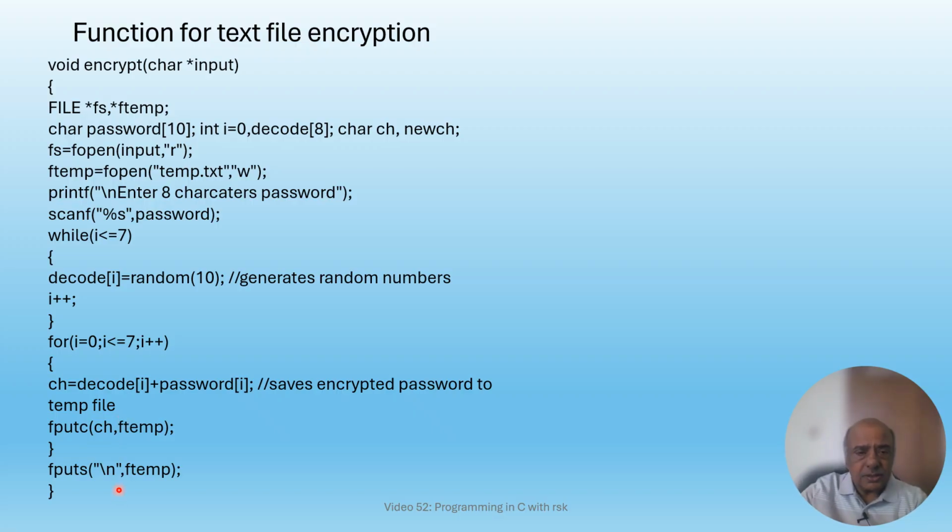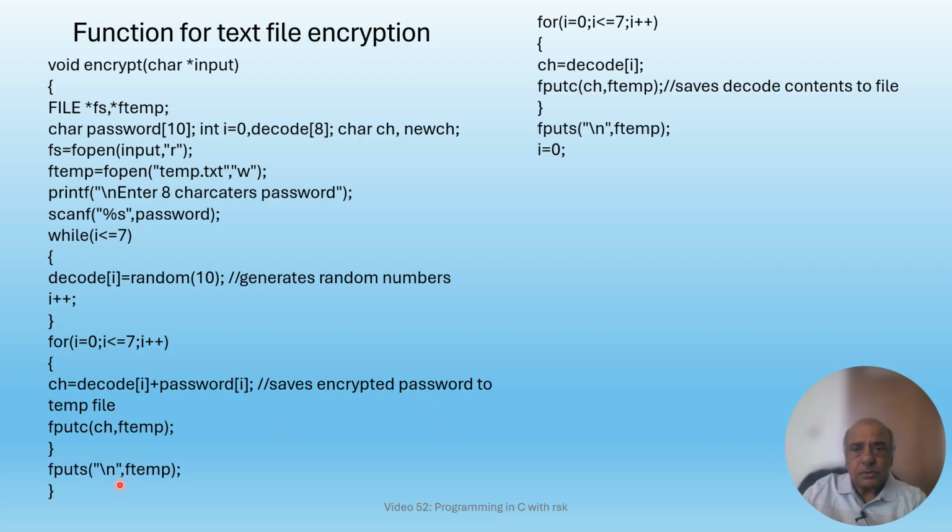Then there is a next line input, fputs new line. Since we have encrypted the password using the characters in the decode array, we will need that decode array when we go for decryption.